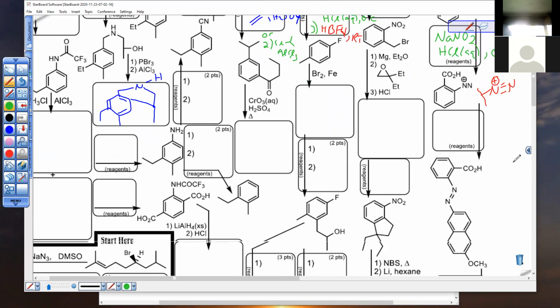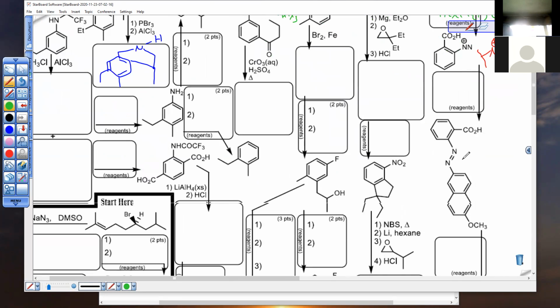This is a diazonium here, and the nucleophile was here. We've already got this piece. And the lone pair on the oxygen is what makes this a nucleophile. And you just copy everything I circled there. That's it.